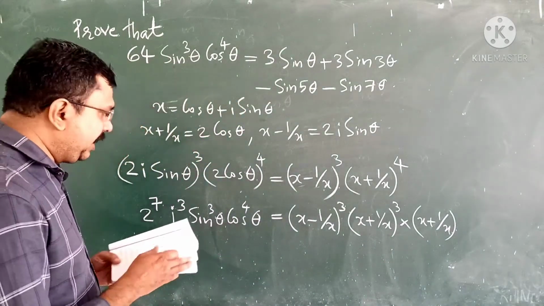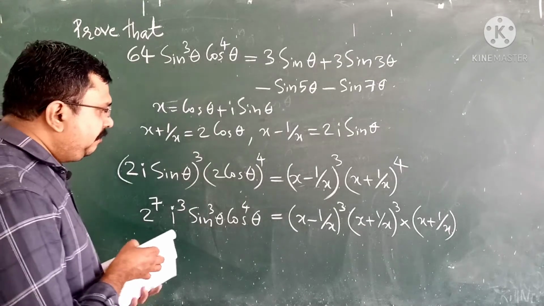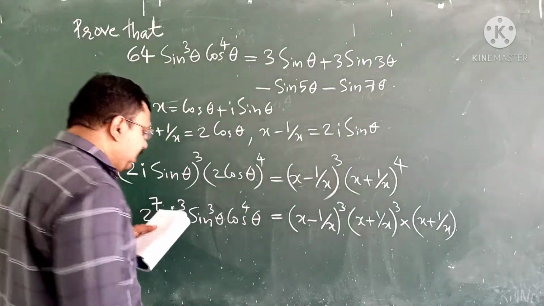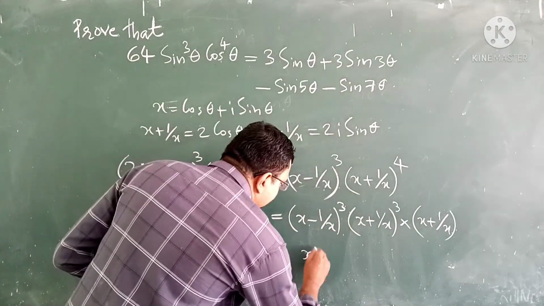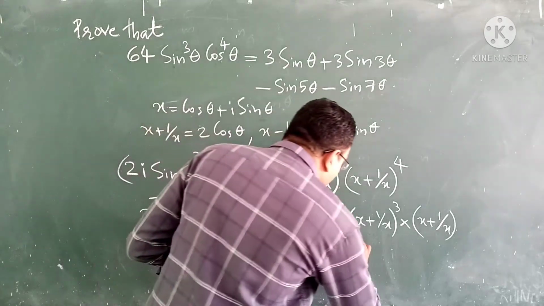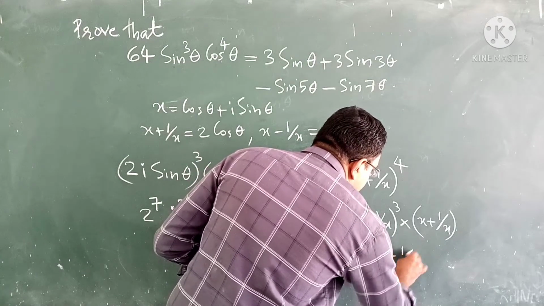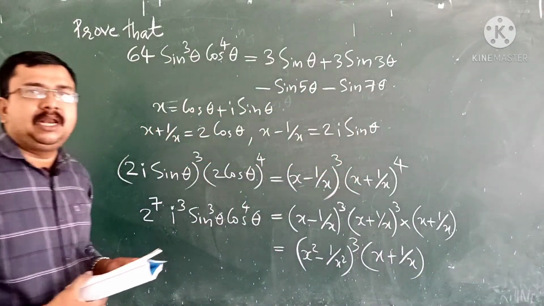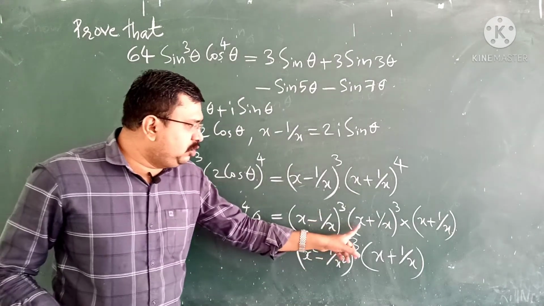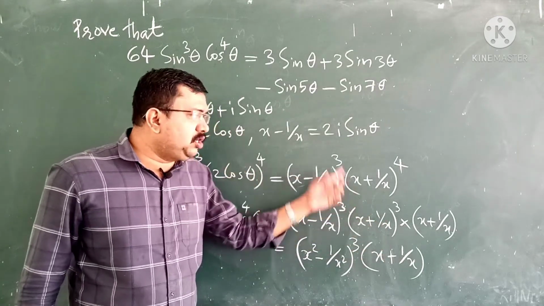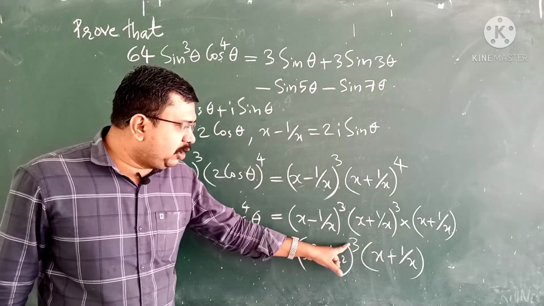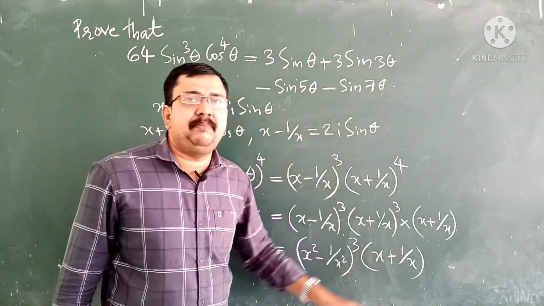Therefore, this can be written as x square minus 1 by x square the whole cube into x plus 1 by x.